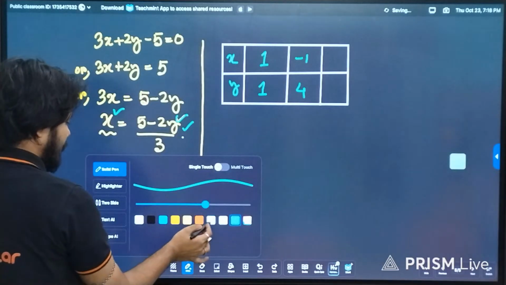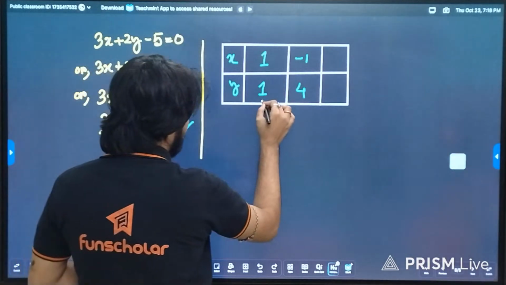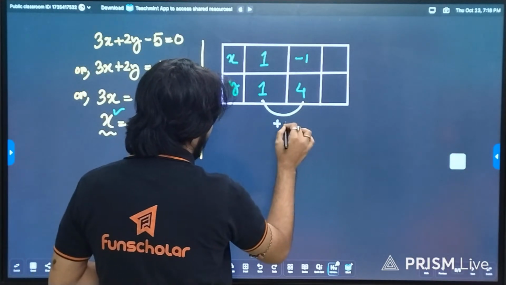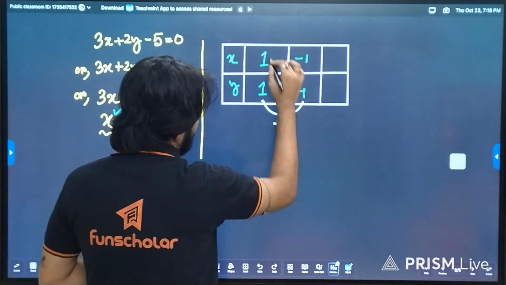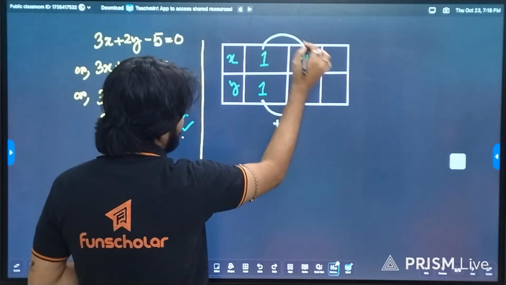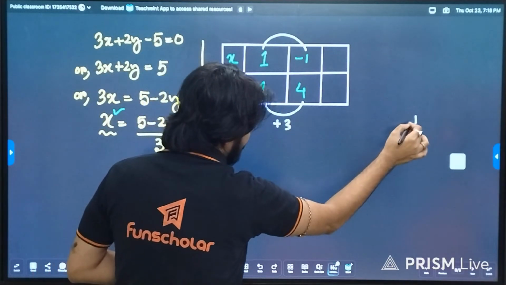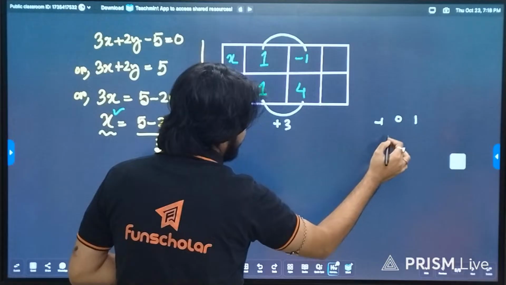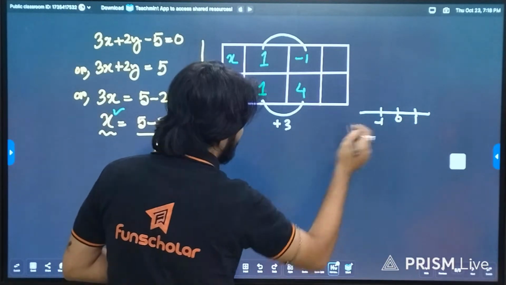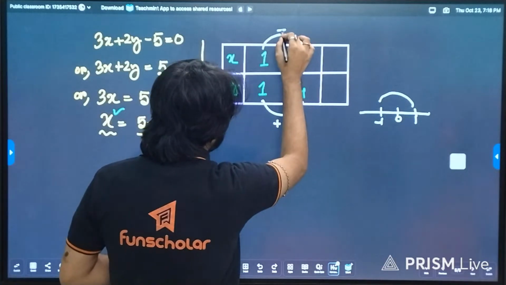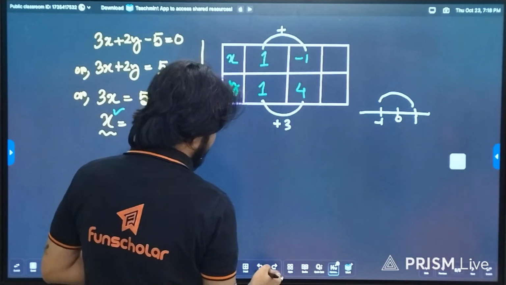See, if we move 3 steps ahead, then from 1 to minus 1: this is 1, this is 0, this is minus 1 on the number line. This is also minus 2.